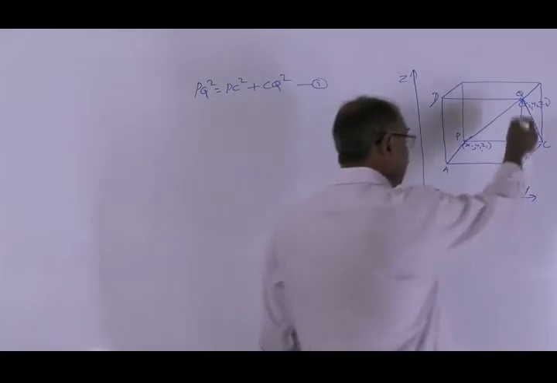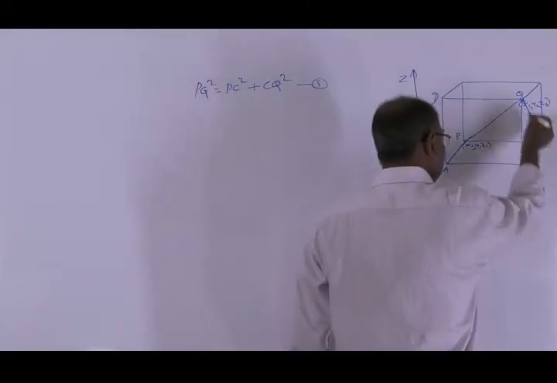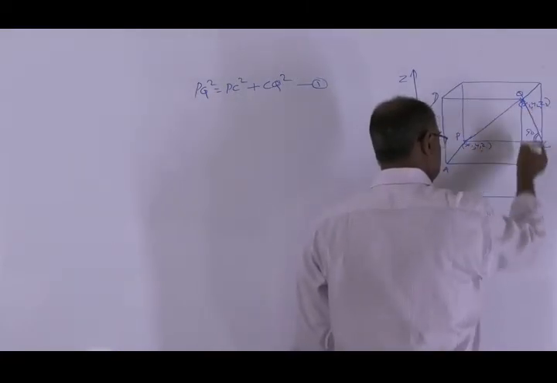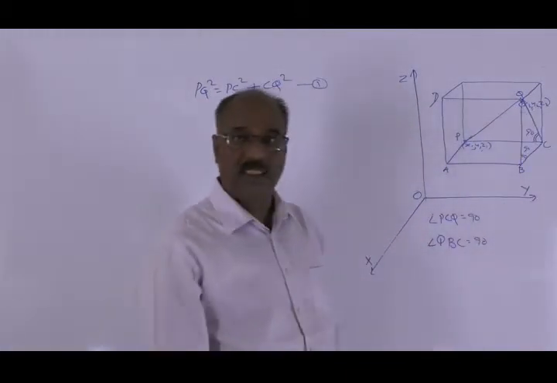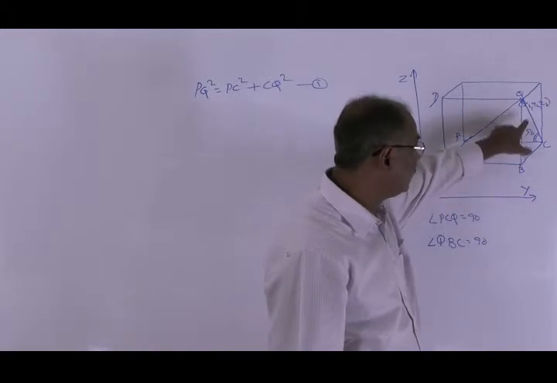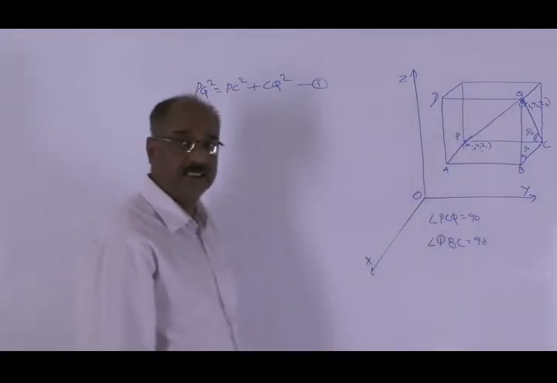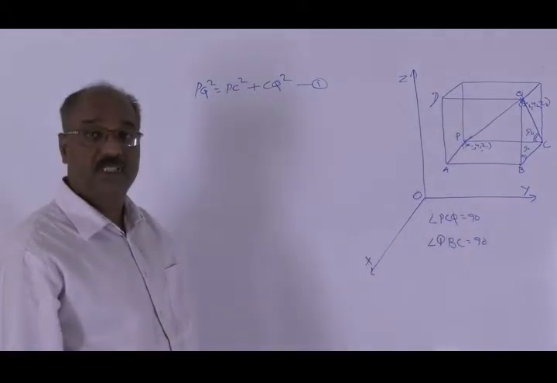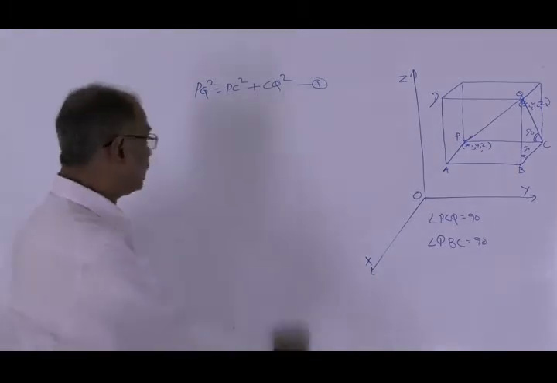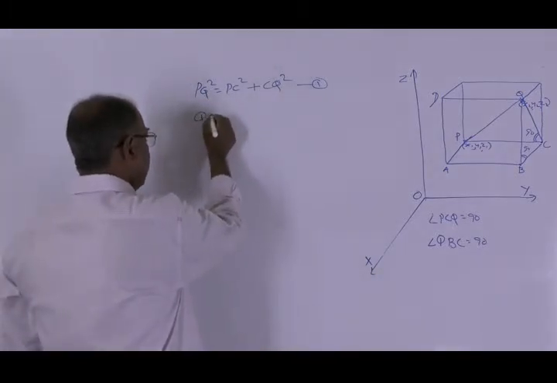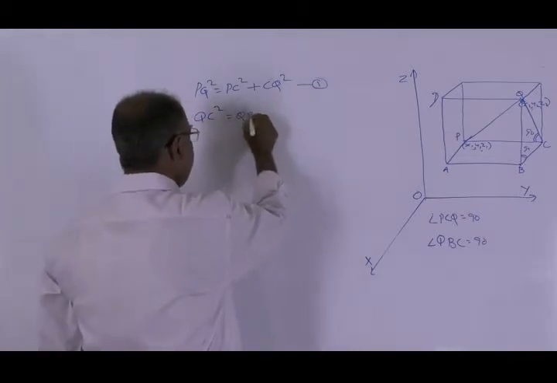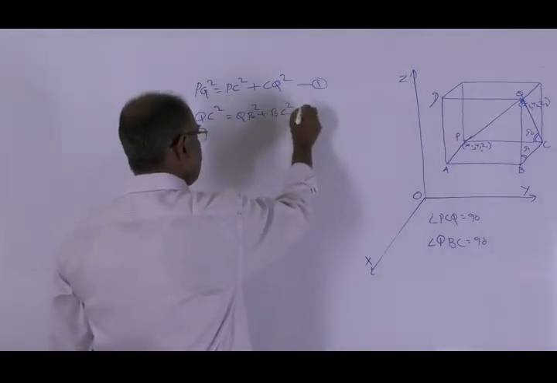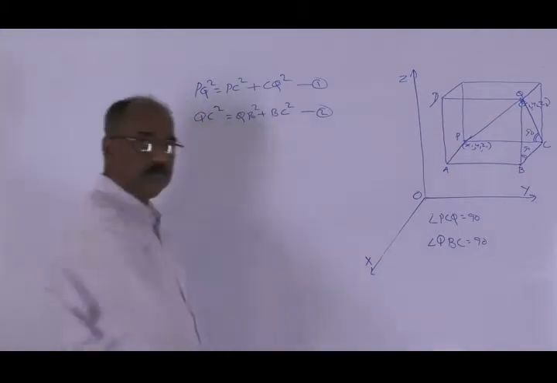And hence triangle QBC is a right angle triangle, this QC being the hypotenuse opposite to this 90 degrees. And hence, again using Pythagoras theorem, QC squared is equal to QB squared plus BC squared, equation 2.